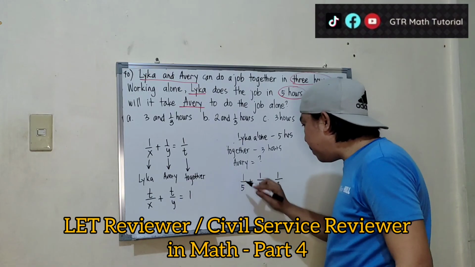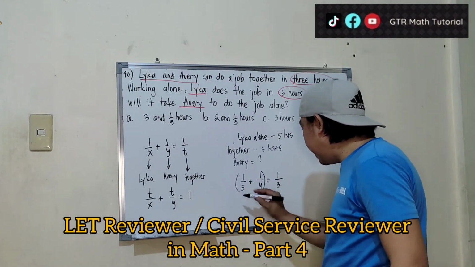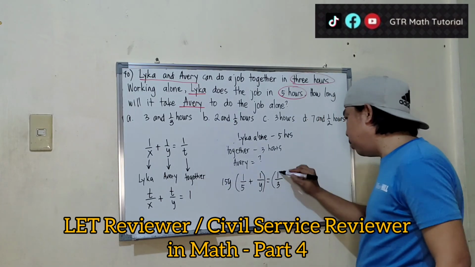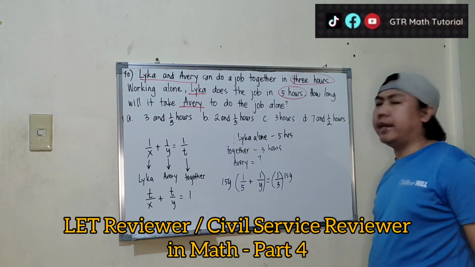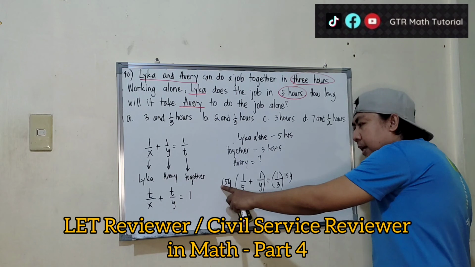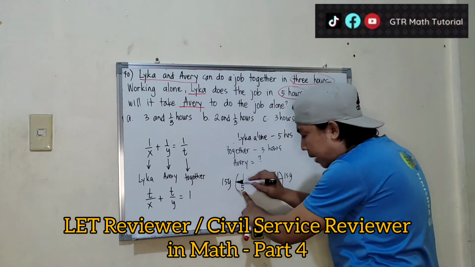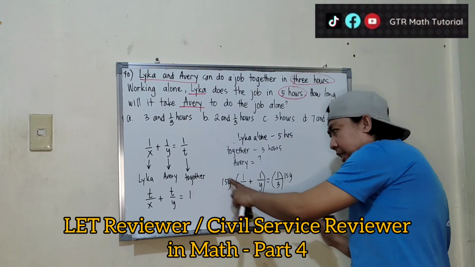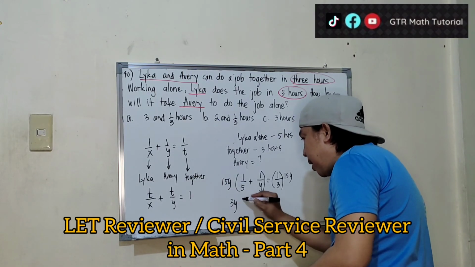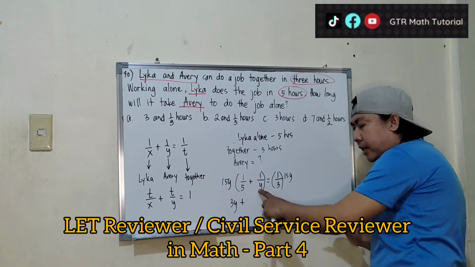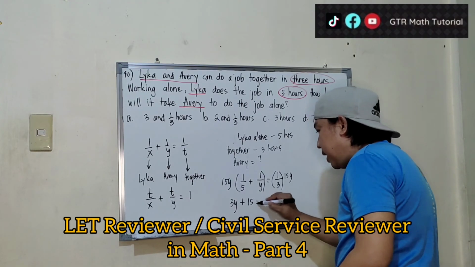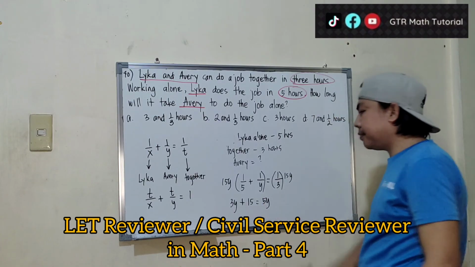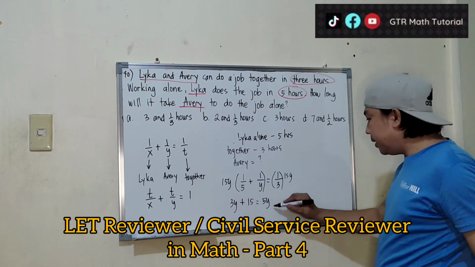So multiply each term by the LCD, which is 15y. 15y divided by 5 is 3y. Plus 15y divided by y is 15. Equals 15y divided by 3, that is 5y.